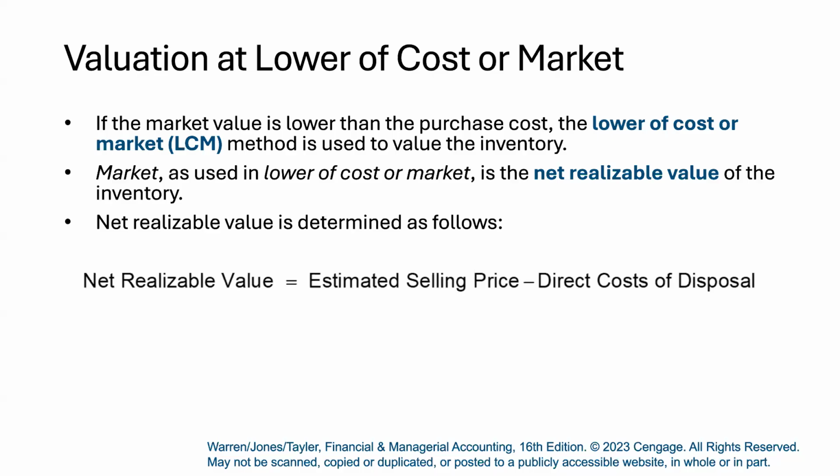So if the market value drops below the cost, we should adjust that value down. The term they use is the net realizable value of the inventory, meaning the value that we can actually realize by selling it. And the net realizable value is just the estimated selling price minus the direct cost of disposal.